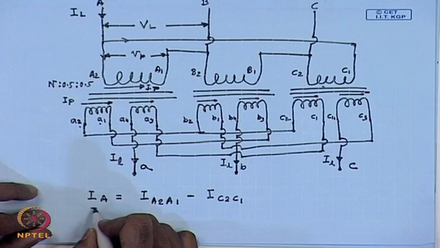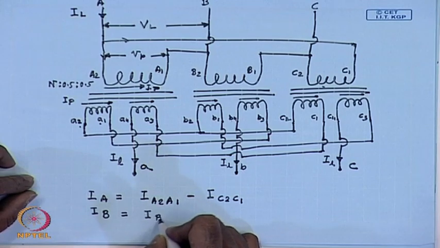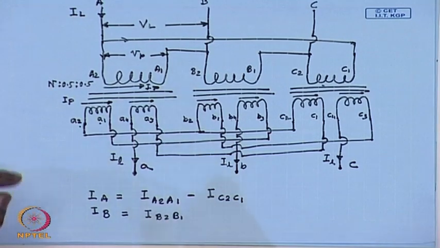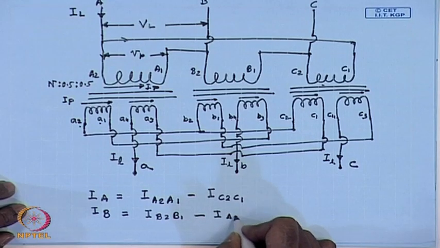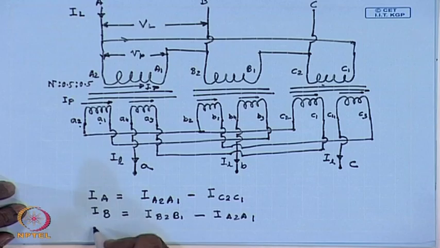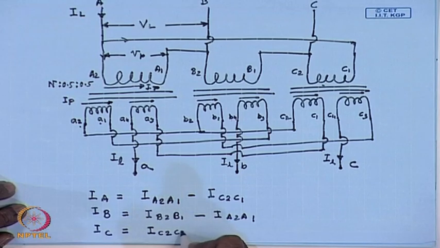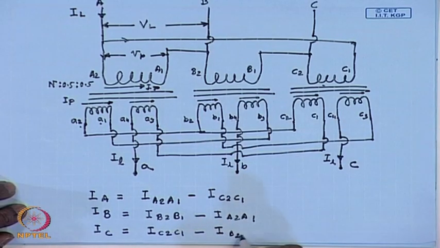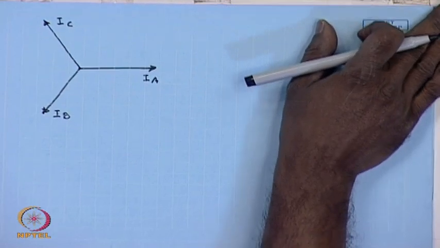Similarly, line current I_B equal to I_B2B1 minus I_A2A1 and I_C equal to I_C2C1 minus I_B2B1.